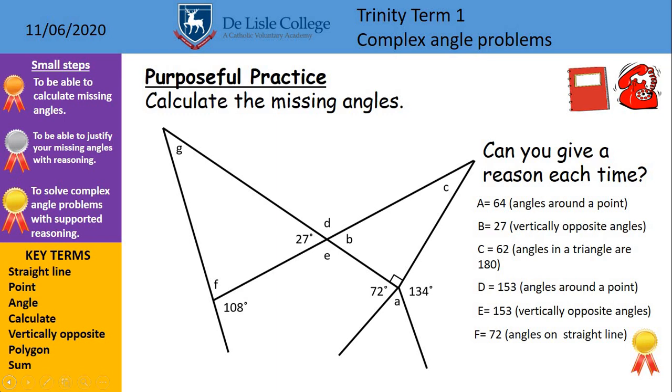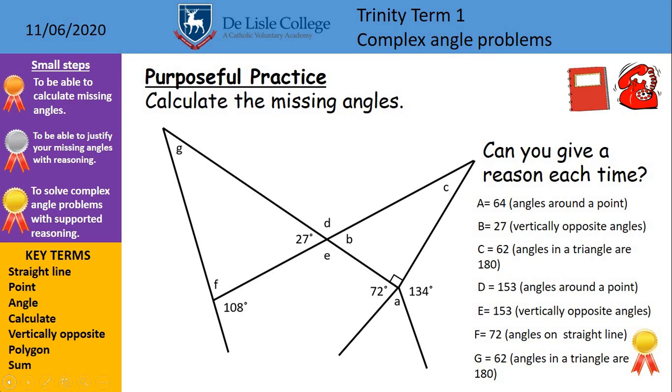Then G, we've got one last triangle there, 72, 27, and whatever G is, so 180 minus 27 minus 72 leaves you 62 degrees. Angles in a triangle add up to be 180 degrees there. Okay, so let's just double check we've got those. I think again I've copied in the incorrect one there, sorry. My apologies again on this one.